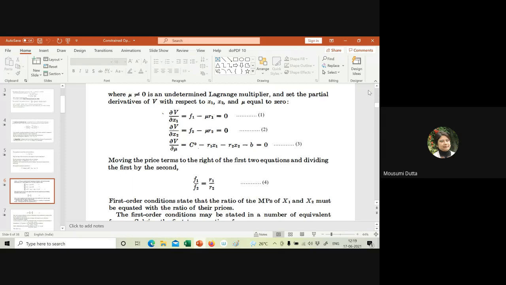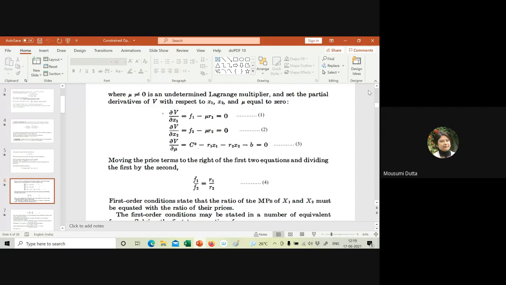Can you tell me, equation 4 indicates what? In case of the utility maximization, equation 4 indicates the income consumption curve. And here, what does it mean? Expansion path. Yes.